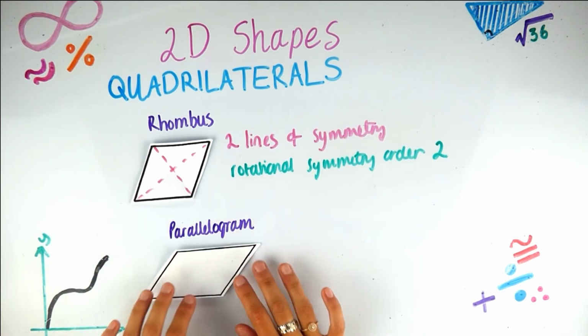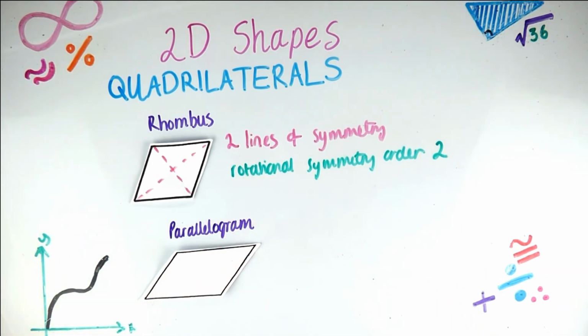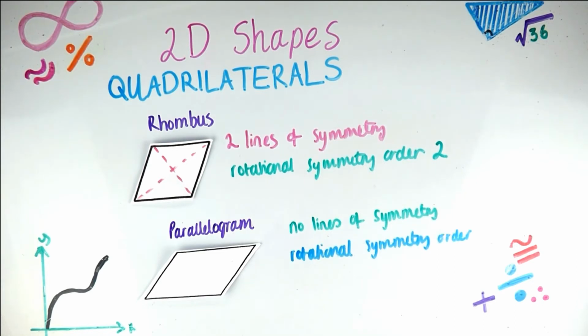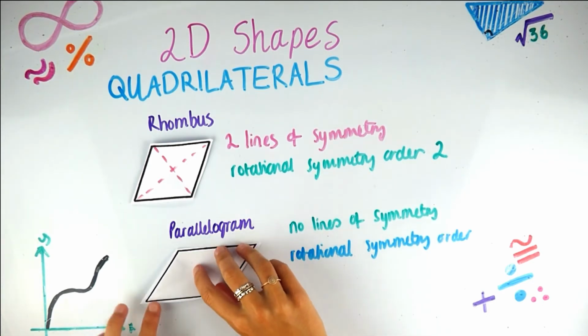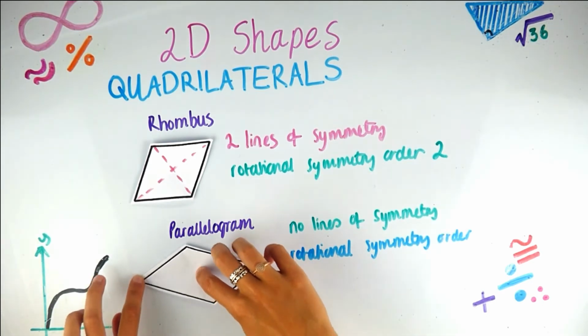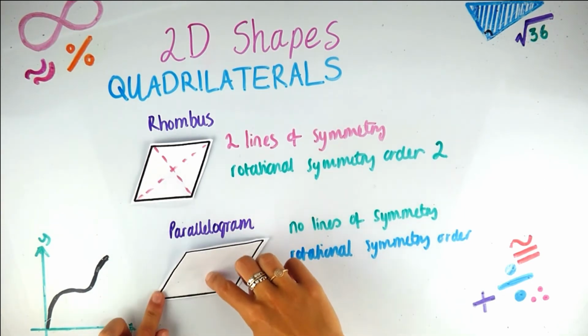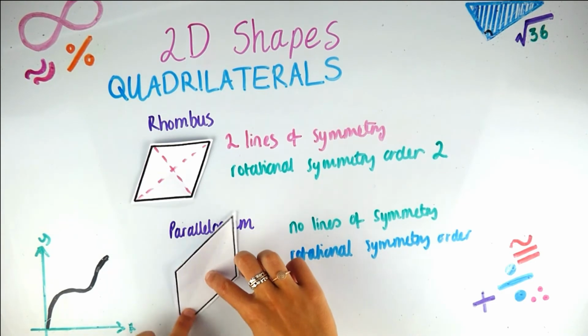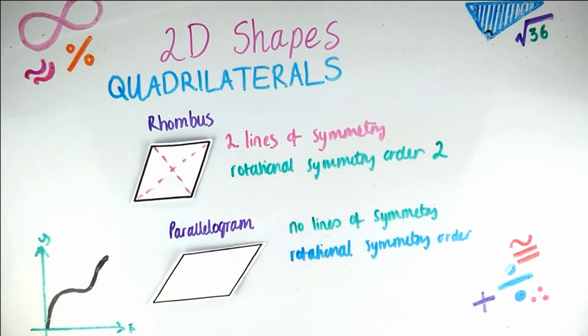Basically, don't waste your life on this. There are no lines of symmetry in a parallelogram. However, don't get too disheartened because we've still got rotational symmetry to go. So is there a way we can spin this and get the same shape without going all the way around? So there's a 180, and yet we have the same shape, so that's 1. And then if we do another one, it gets back to where we were. So that means, again, like this one, order 2.